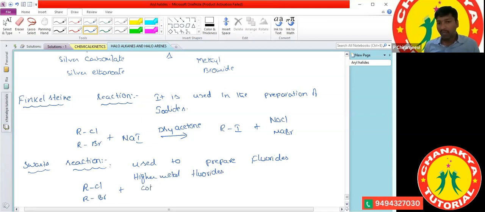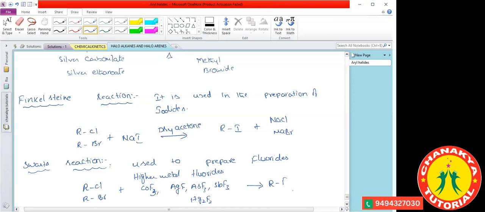CoF3, cobalt trifluoride, or AgF, silver fluoride, or arsenic fluoride AsF3, antimony fluoride SbF3, mercurous fluoride Hg2F2. If treated with any of these reagents, it is converted into the alkyl fluoride.